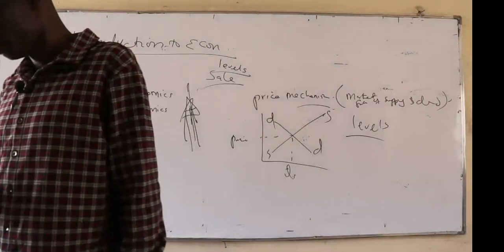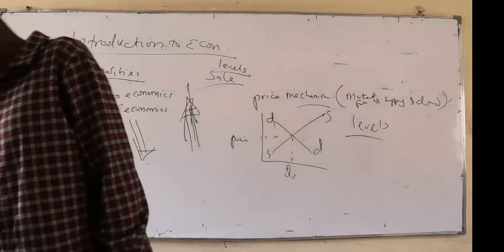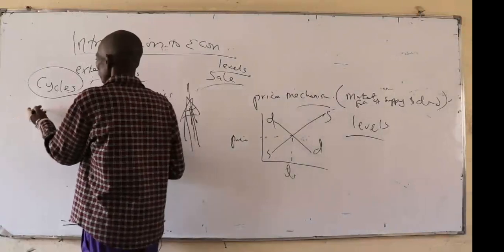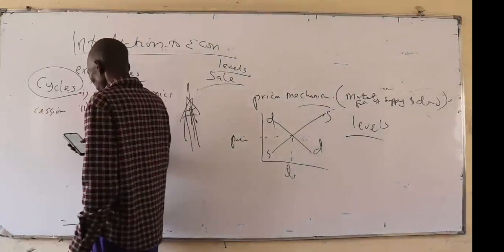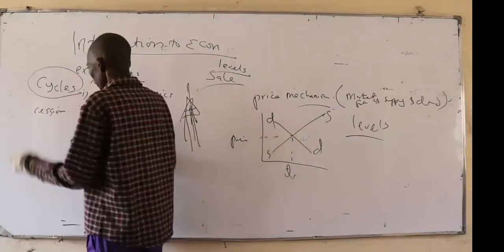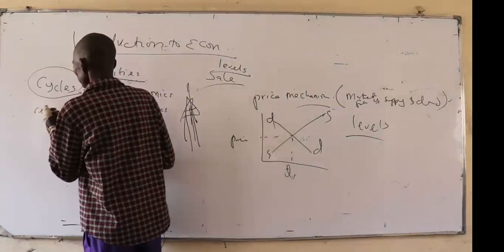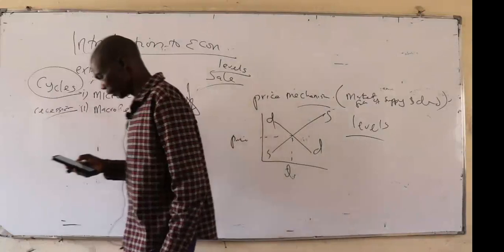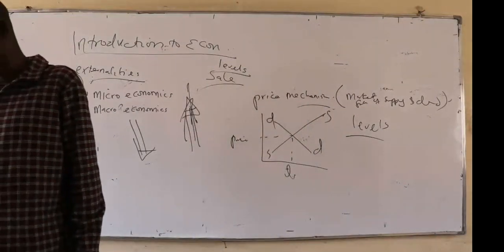That is, periods of prosperity, recession, depression and recovery.